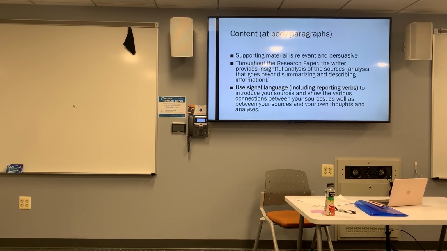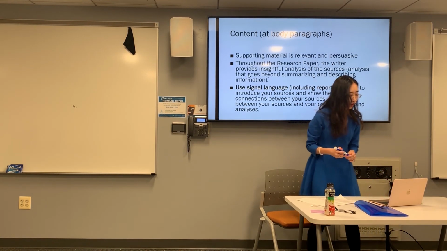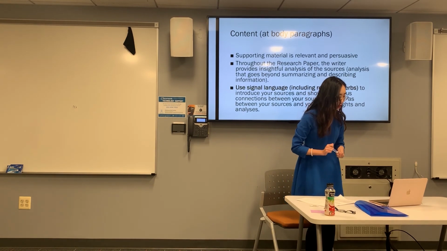So you cannot just cite the sources and copy and paste. You cannot do that. You have to analyze it and then try to contribute to your thesis, to your headings or your topic sentence. Clear? Okay. And try to use signal language, like reporting words.